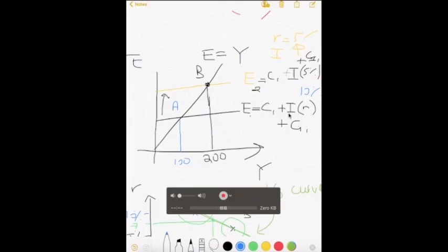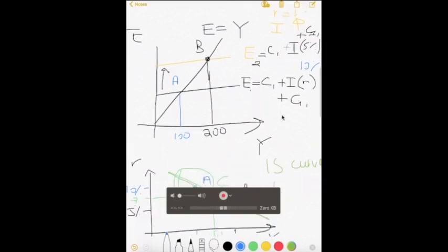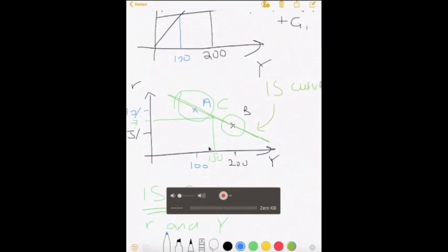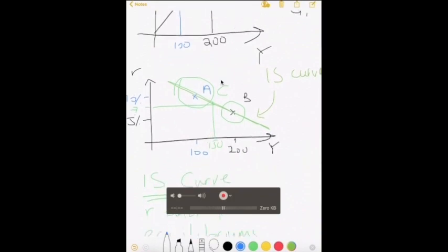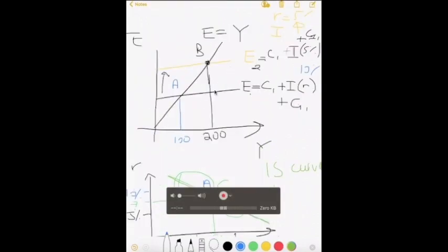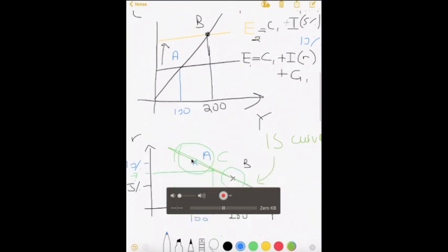And we've shown that you can come up with the IS curve by changing interest rates in the planned expenditure in the Keynesian cross model and figuring out what the new GDP is. And when you have multiple combinations of GDP and interest rates, you can plot them on a graph and come up with the IS curve.